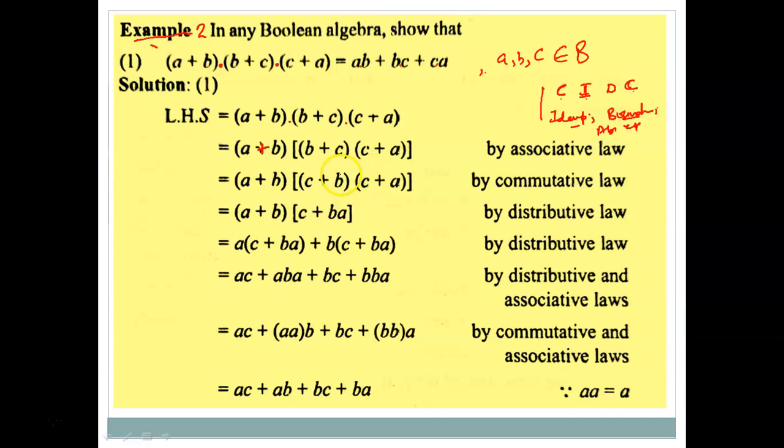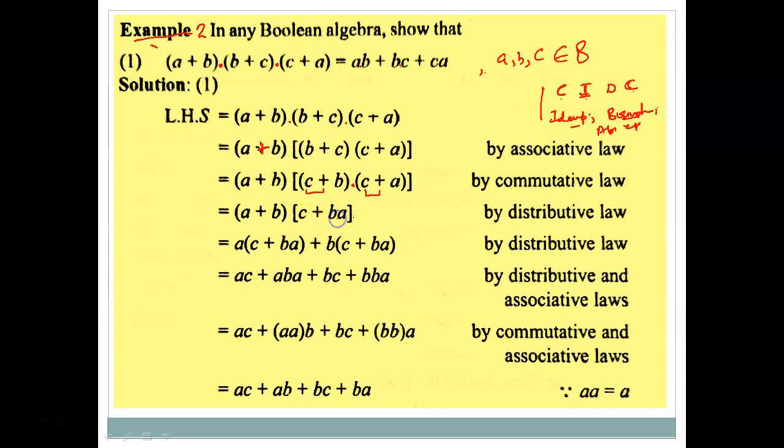Now by the commutative law we can write b plus c as c plus b, and keep this as such. Now you can see here is c plus, and here c plus, and here is dot. So by the distributive law, these two factors collectively can be written as c plus b dot a.